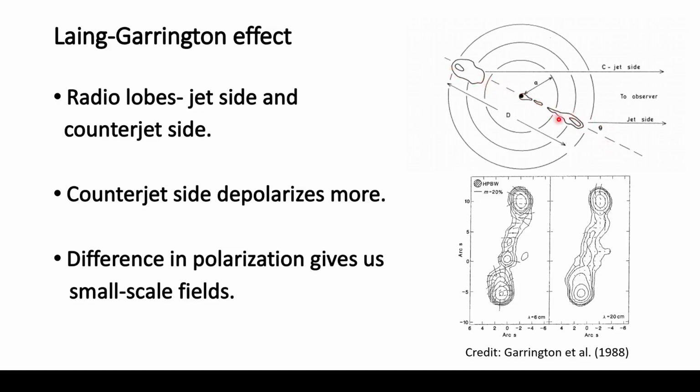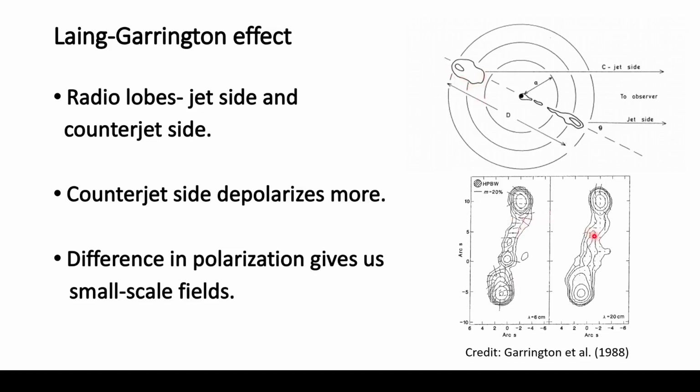The first one is known as the jet and the second one is known as the counterjet. It's clear that the radiation from the counterjet has to travel more through the medium of the elliptical to reach the observer as compared to the radiation from the jet. Thus, if Rm fluctuations are present inside the medium of ellipticals, the radiation from the counterjet would depolarize more.